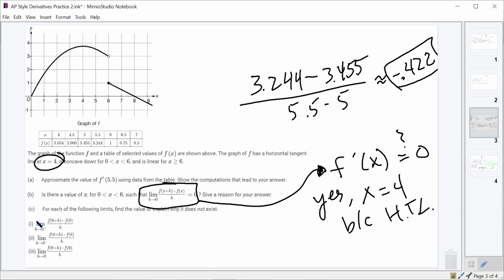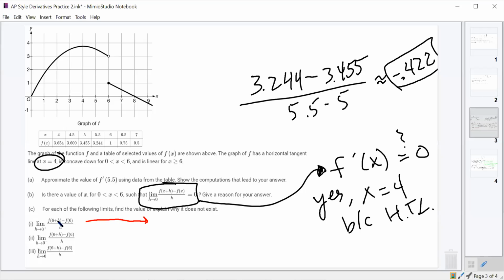So now if we're looking down here at part C, we got 3 different pieces to part C. The first part, this is a derivative at what value? This looks just like our difference quotient, right? Except that we've replaced the x's with what? 6s. And there we go, replace them with 6's, right?